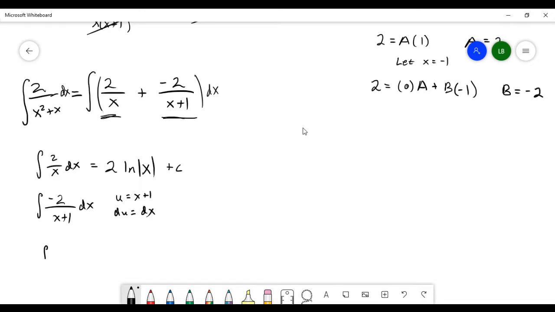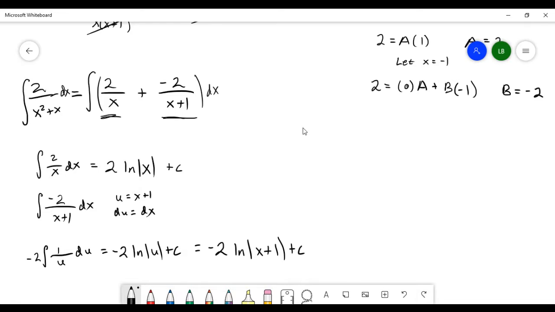So this is negative 2 times the integral of 1 over u du, negative 2 natural log of u plus C, which is negative 2 times the natural log of x plus 1 plus C.